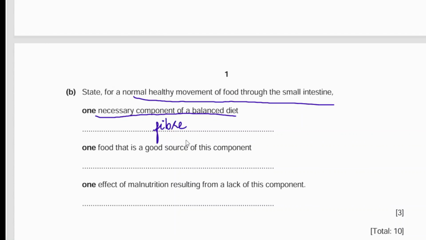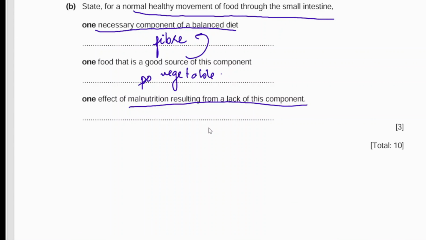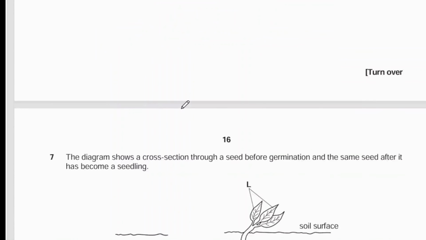Name one food which is a good source of fiber. Yes, I guess vegetables. One effect of malnutrition if fiber is not present: constipation.